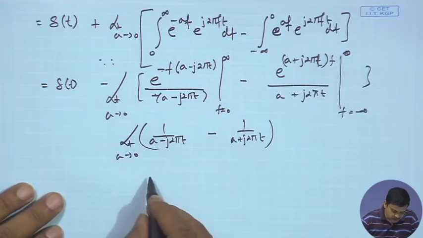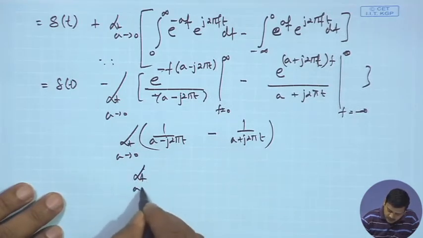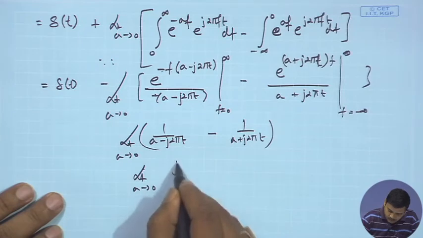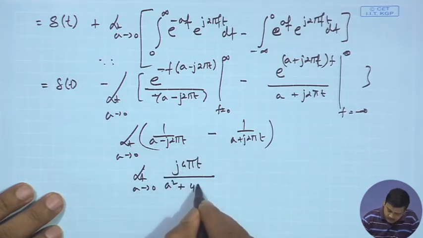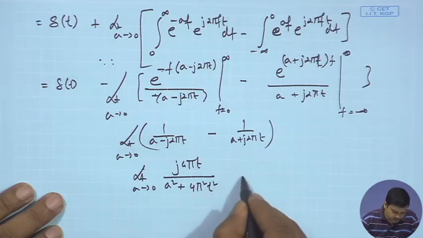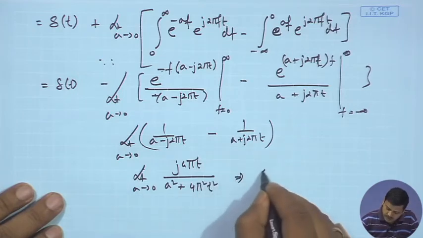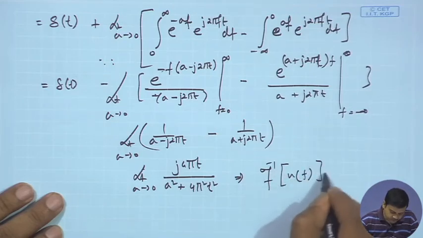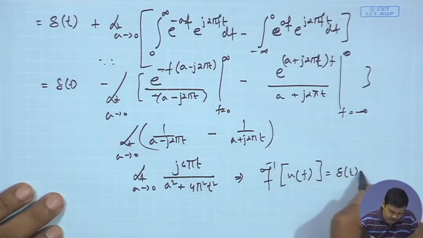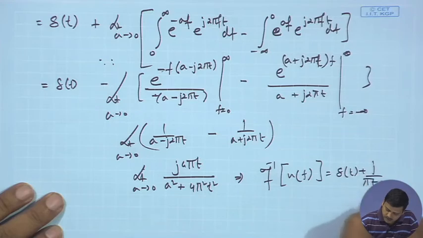If you work this out, you get limit a tends to 0 of j 4 pi t upon a squared plus 4 pi squared t squared, which implies that inverse Fourier of u of f is equal to delta t plus j by pi t.